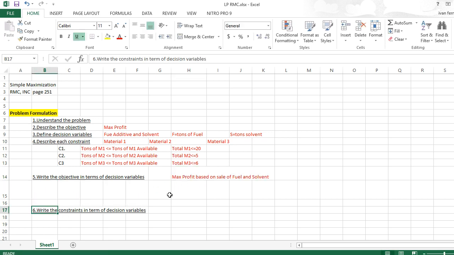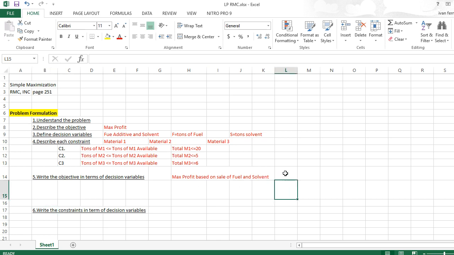Now, profit, as you know, is just a formula of cost and revenue. In this case, we don't worry about cost because it's not being given to us. The problem tells us that for each ton of fuel sold, you make $40, while you make $30, a little bit less, when you sell solvent.